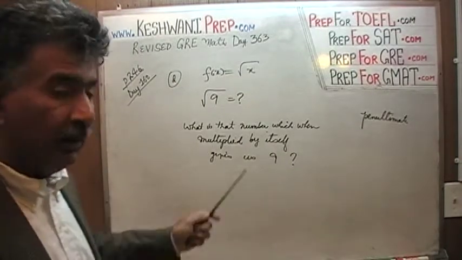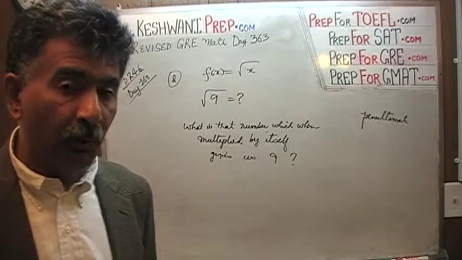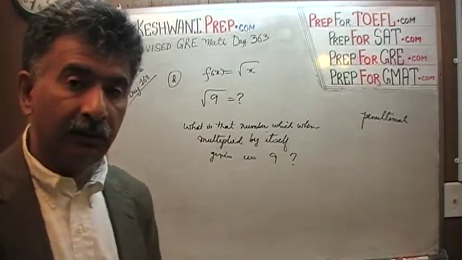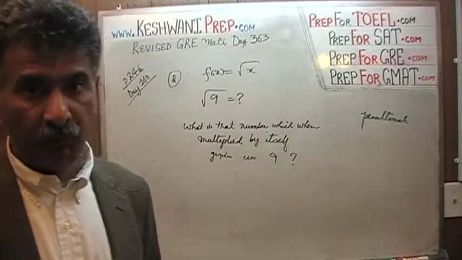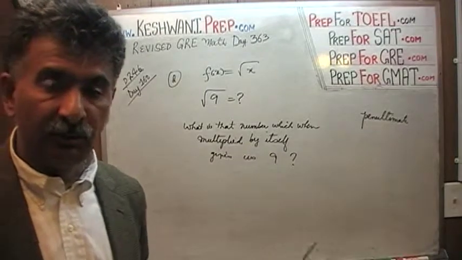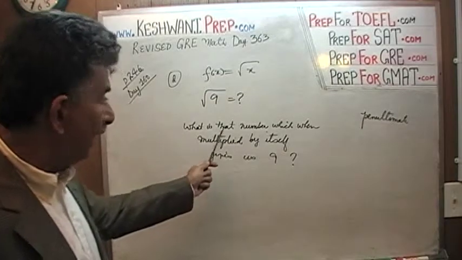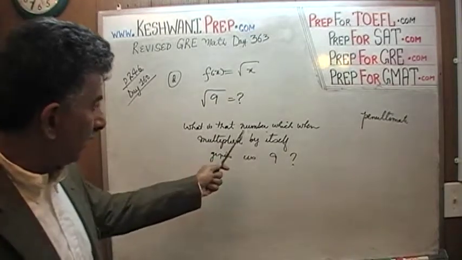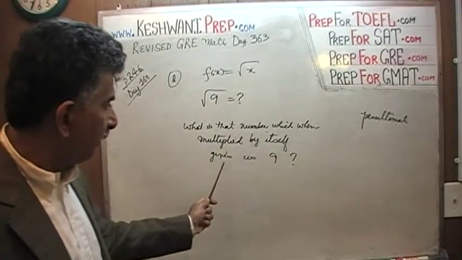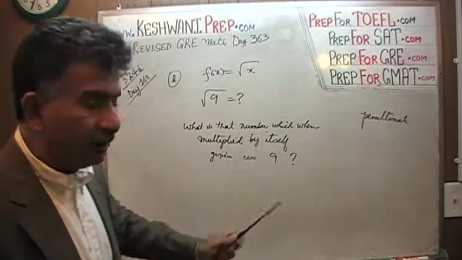So technically speaking, this question should have been composed in a plural form. It should have said, what are those numbers which when multiplied by themselves give us 9?